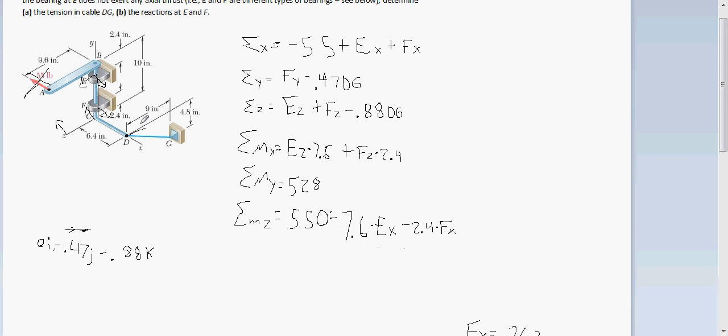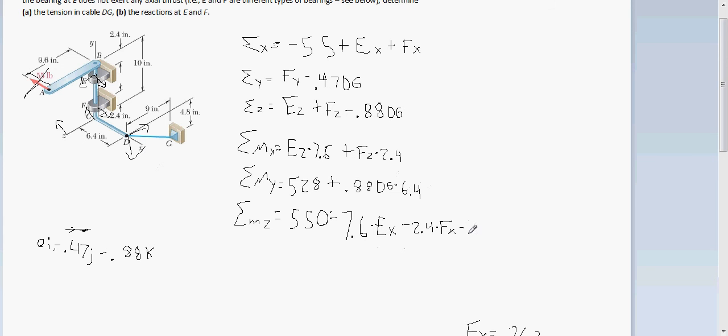Here we're going to have a negative z force, and that's going to create a positive y moment. So we're going to multiply 0.88 DG times 6.4, the distance, and then we have a negative y force, which is going to create a negative z moment.